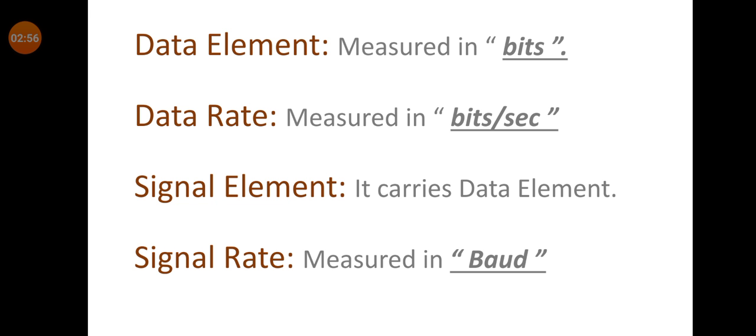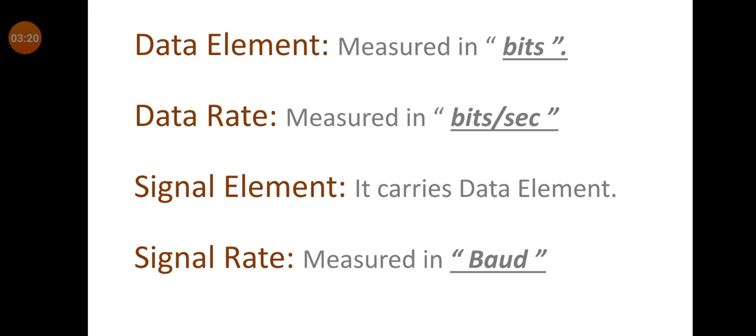Signal rate is the number of signal elements transmitted in 1 second. The number of signal elements transmitted in 1 second is called signal rate. The unit used to measure signal rate is baud. We pronounce it as baud.